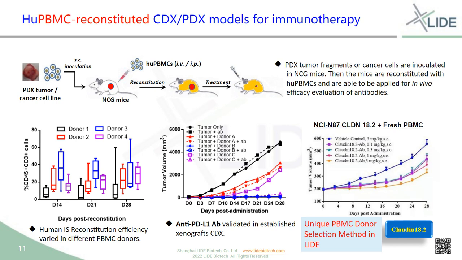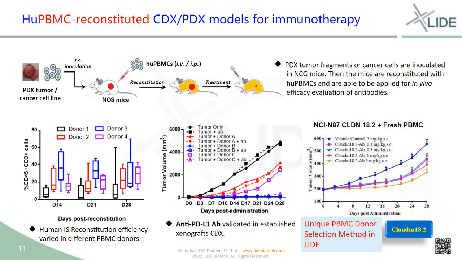Ben, this has been a fantastic presentation so far, but if you'll pardon the interruption, I just had a quick question here. Why did you use NCG mice in your PBMC humanized model? Have you tried any other strains? True. We have tried a lot of other mouse strains, such as SCID mice and NSG from Jackson Lab.